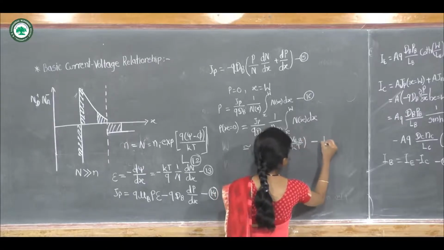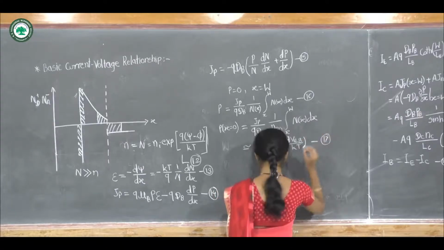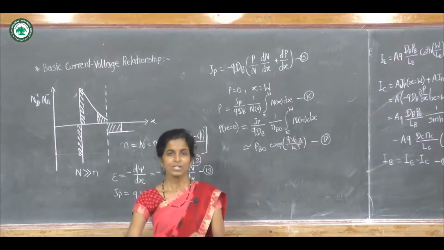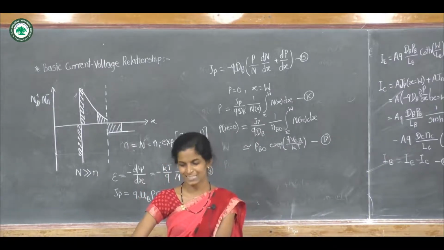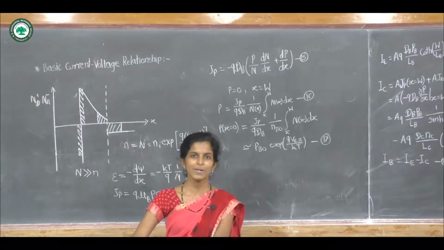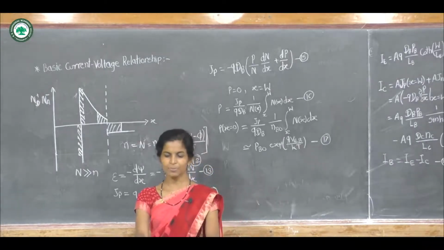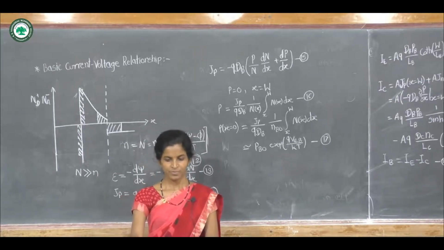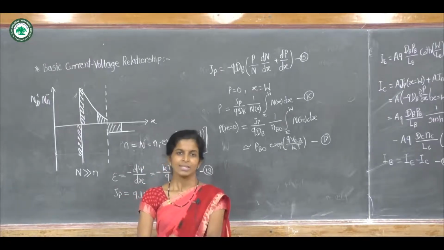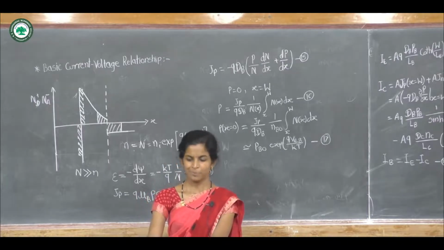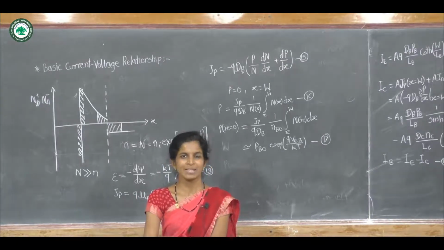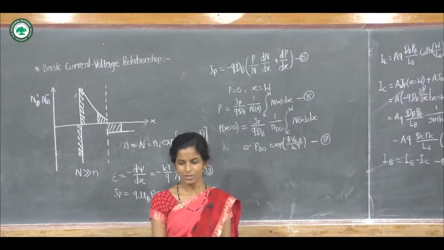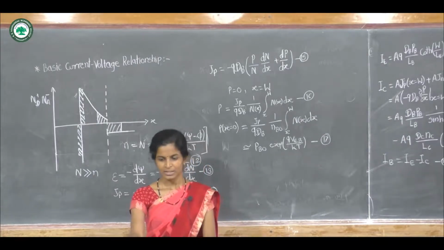So this is equation number 17, where N_B0 is the donor concentration at x is equal to 0 and P_B0 is the equilibrium hole concentration at x is equal to 0. So N_B0 into P_B0 is nothing but Ni square, where Ni is the intrinsic carrier concentration.